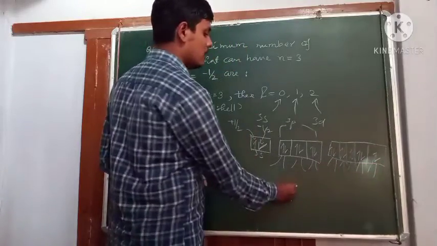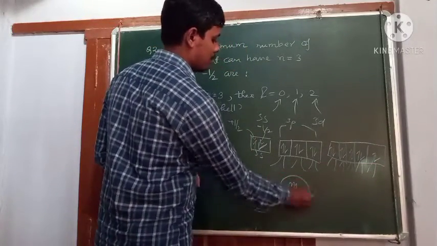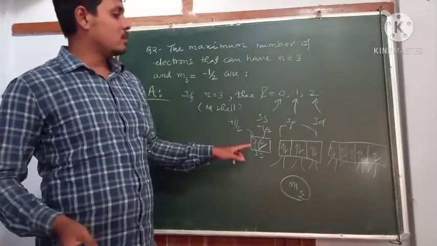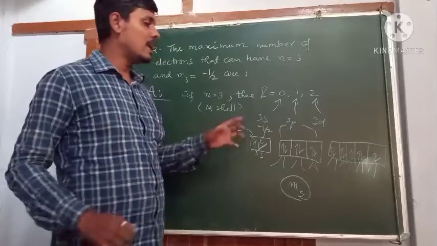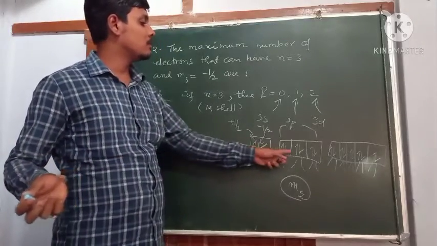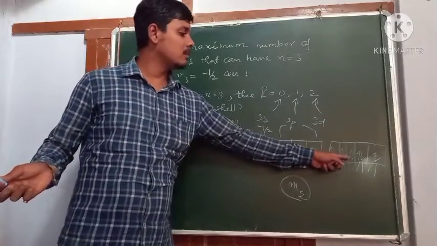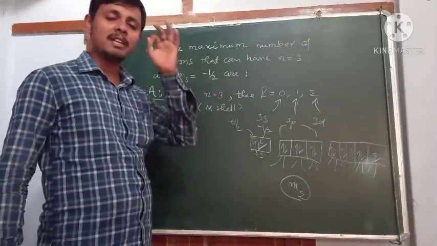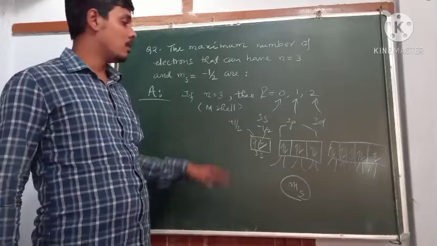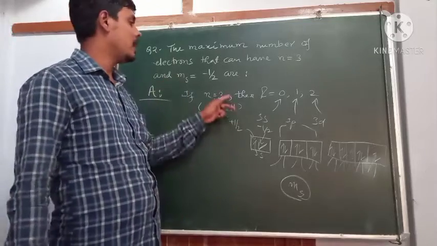So all these are the values of ms, the spin quantum number. So in total, for n equals to 3, we can have maximum 1 2 3 4 5 6 7 8 9 10 11 12 13 14 15 16 17 18 electrons.